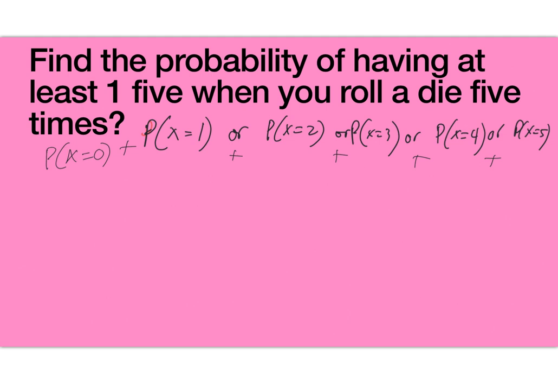So you could have 0 5s, 1 5, 2 5s, 3 5s, 4 5s, 5 5s. If I add all of them up, that adds up to 1, because that means everything could have happened. But if I'm looking at least 1 5, it's this. Well, if all of them together add up to 1, if I did 1 minus the probability of none, that is really messiness there.